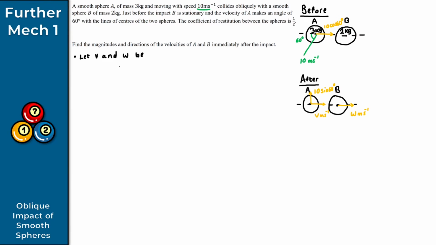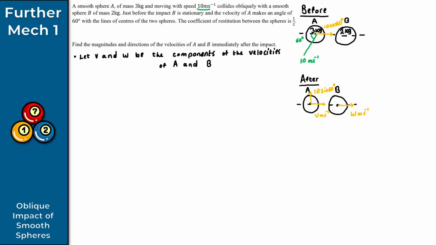So V and W will be the components of the velocities of A and B. I won't bother writing down that they act parallel to the line of centers here. Hopefully that's obvious anyway from the diagram. Okay, so that's the first point here.